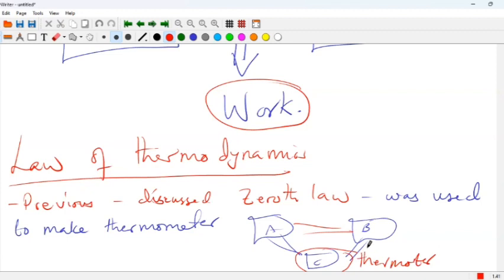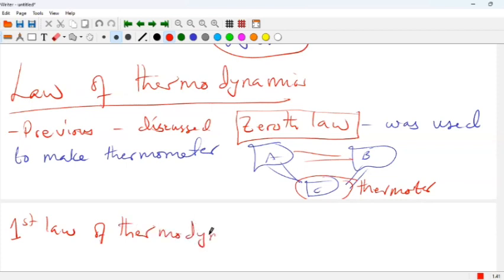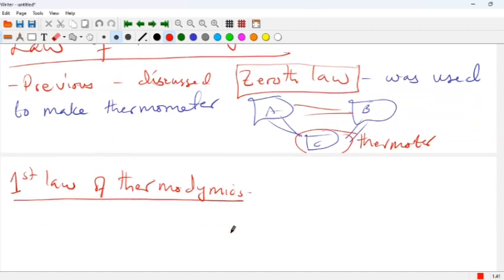So the laws of thermodynamics are important because they are applied somewhere, and we are able to manufacture devices that we use on a day-to-day basis, things that are going to help us solve our day-to-day needs. So now we are going to discuss the first law of thermodynamics.